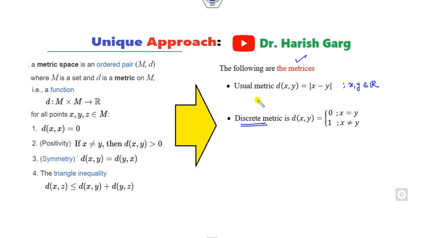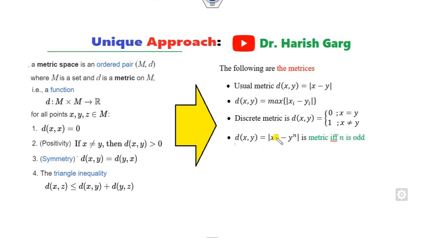Apart from these two standard metrics, the maximum of |xi minus yi| is also a metric. Moreover, in general, if d(x, y) is |x^n minus y^n|, this is a metric, that means it satisfies all those four properties, if and only if n is odd.